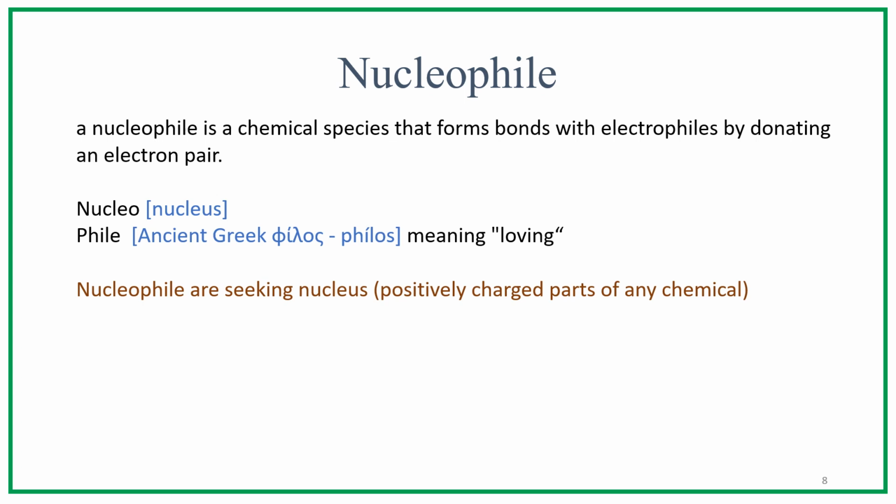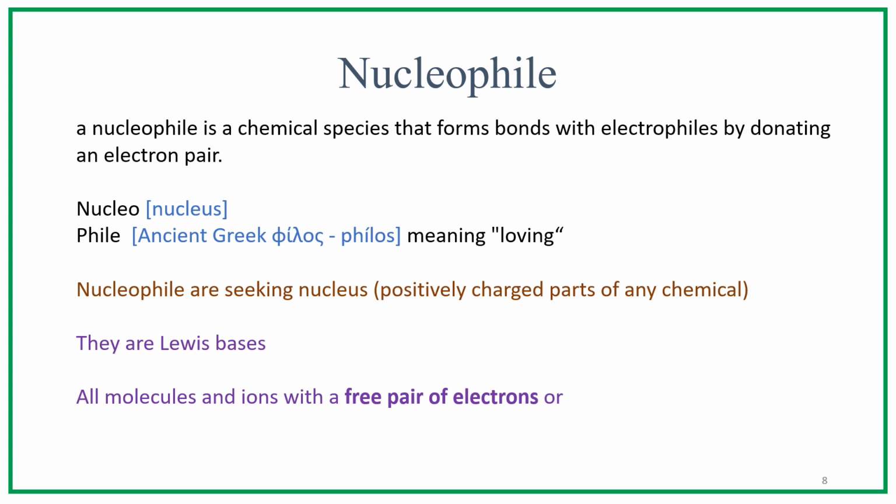Therefore, nucleophiles are seeking positive charge, and they are Lewis bases, and all molecules and ions with a free pair of electrons or at least one pi bond can act as nucleophiles. This is the symbol we can use to represent the nucleophile in future lessons. Now you can understand which type of chemical species we are talking about as a nucleophile.